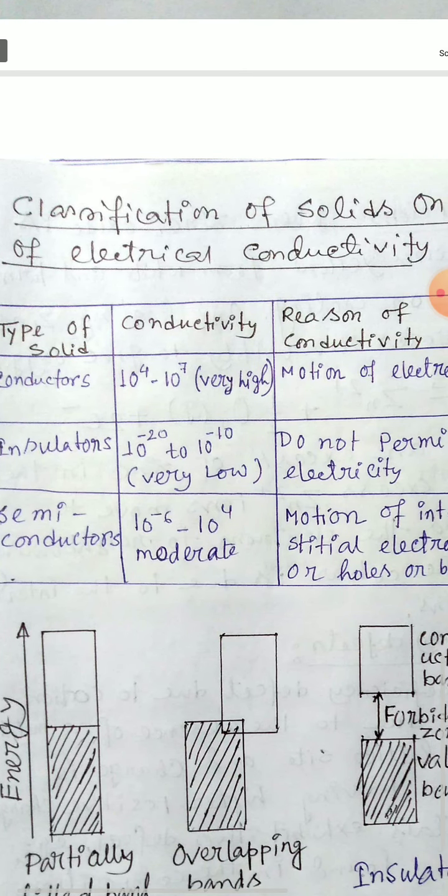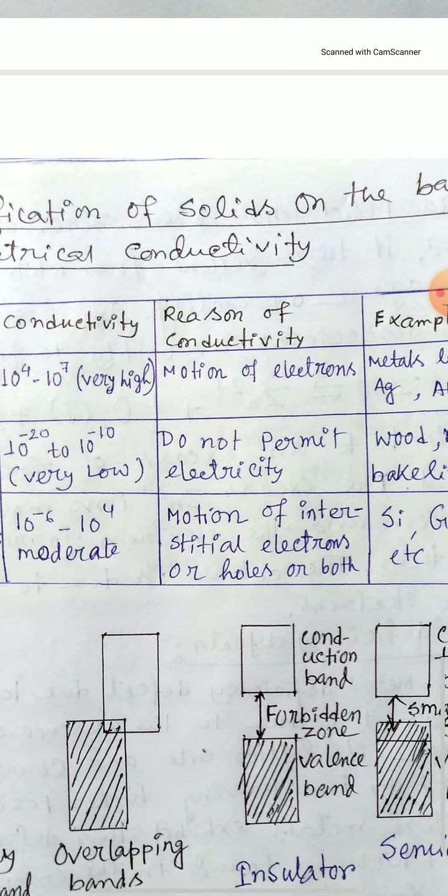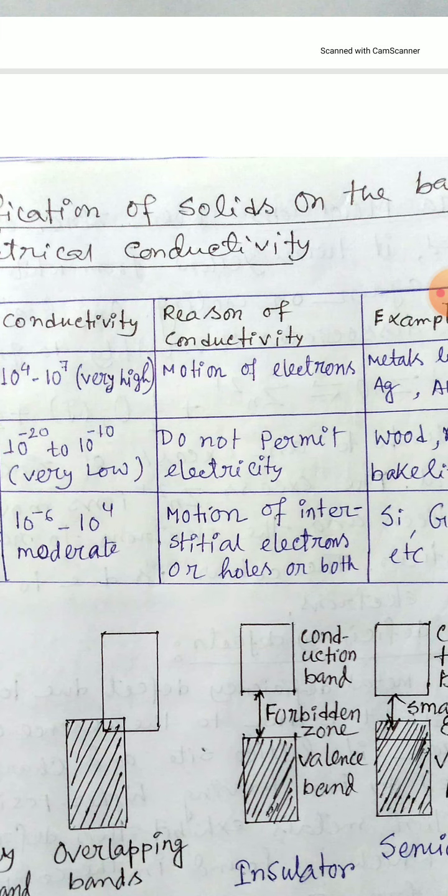For a semiconductor, the conductivity is moderate, 10^-6 to 10^4, and it is due to the motion of interstitial electrons or holes or both.